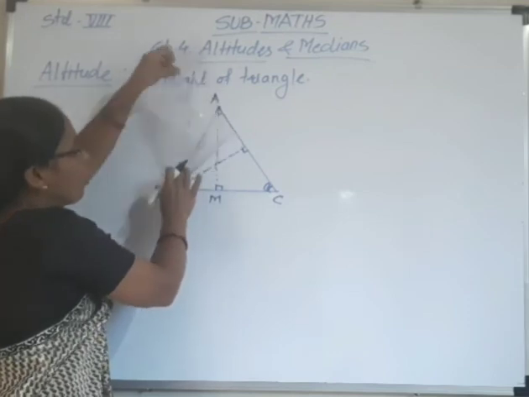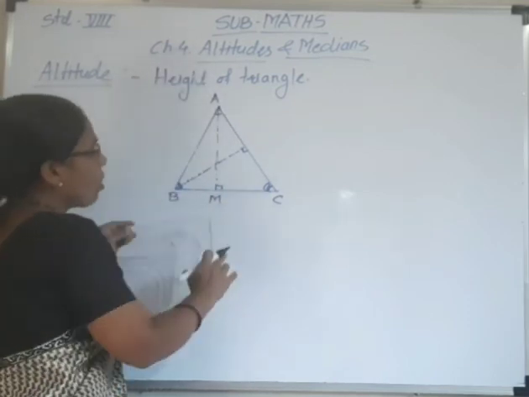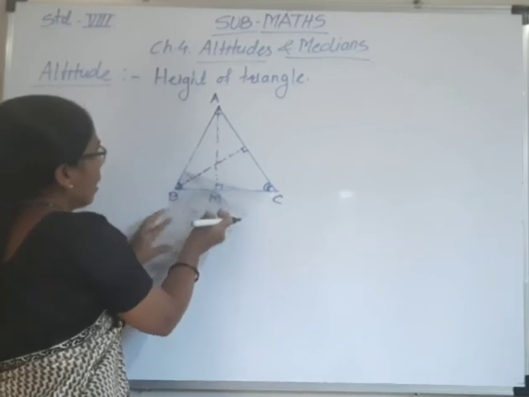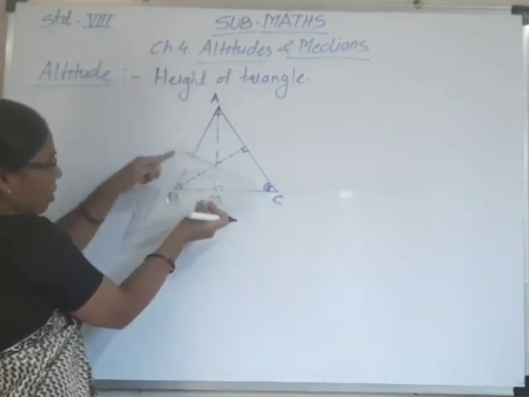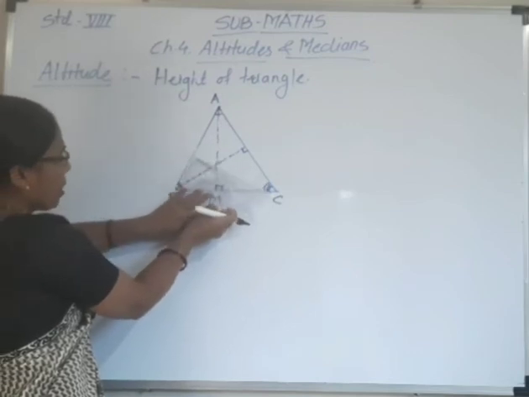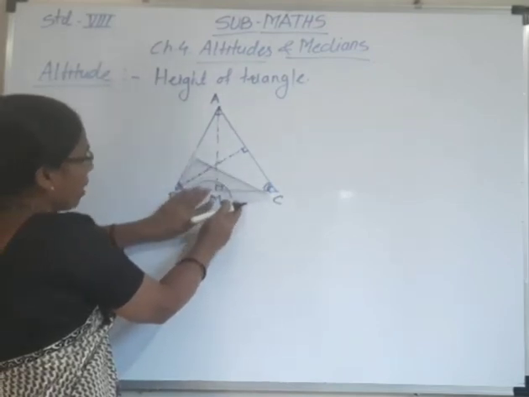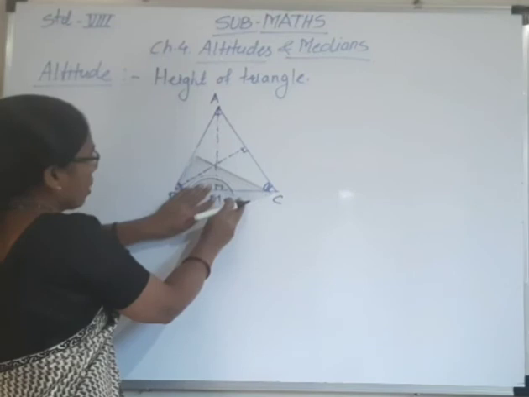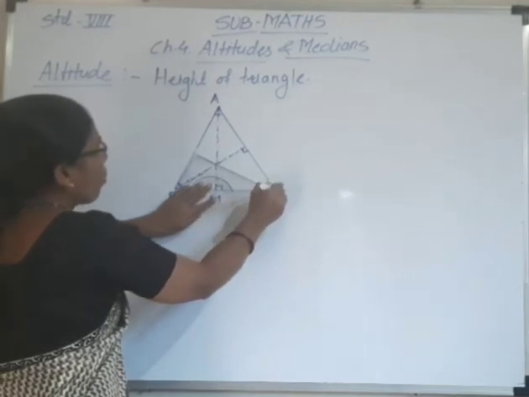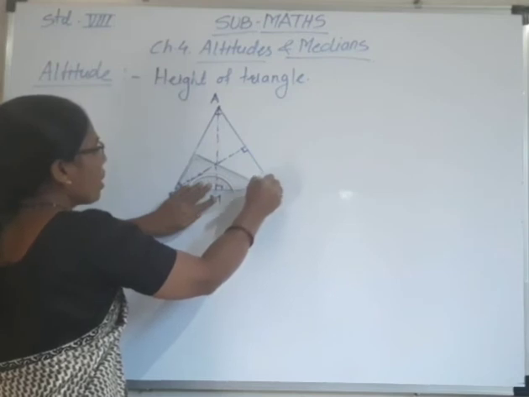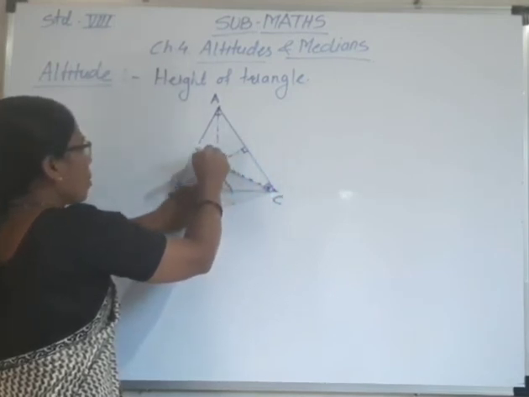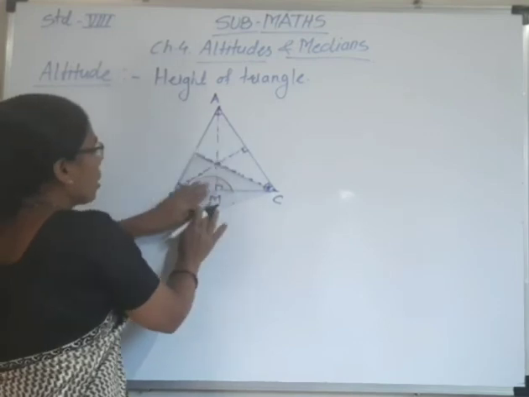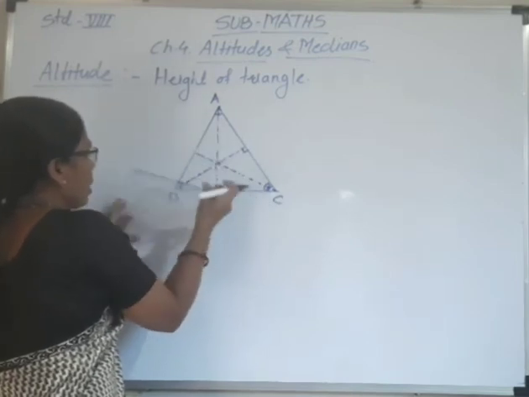Similarly, now only one point is left. We have to draw from this point C, and we have to keep this set square in this way. Now see, this side coincides with one side of the triangle, and we have to move this towards point C, and from this point C we have to draw the perpendicular to the opposite side.